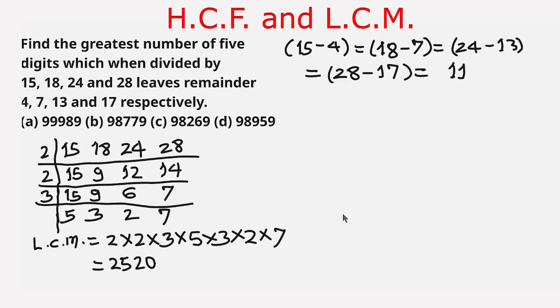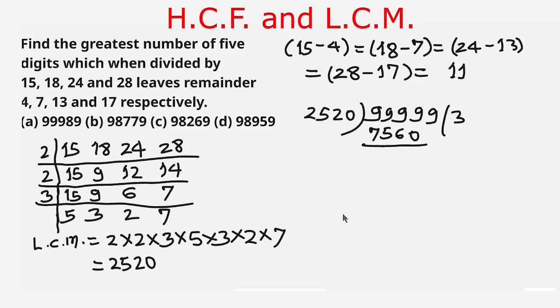Now we'll divide the greatest 5-digit number by 2520. The greatest 5-digit number is 99,999. We divide it by 2520. We take the first 4 digits, 9,999. 2520 divides it 3 times. 3 times 2520 is 7560.